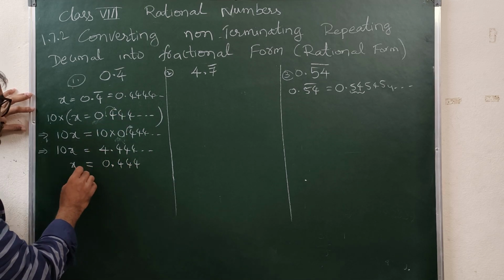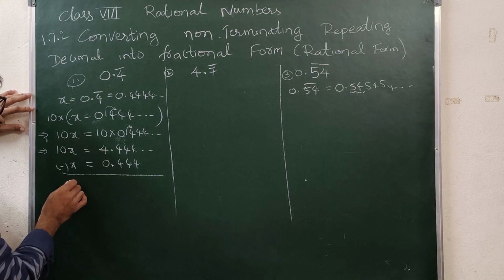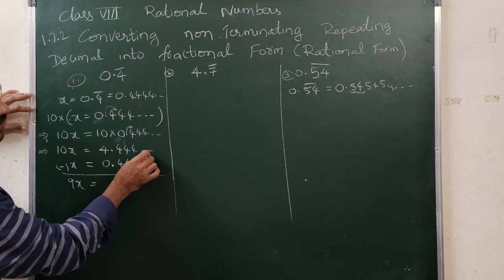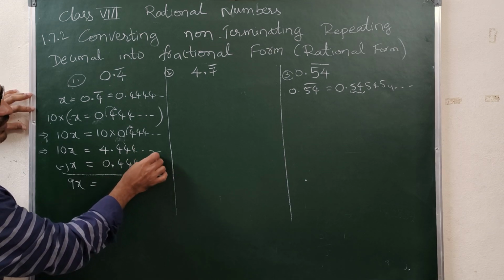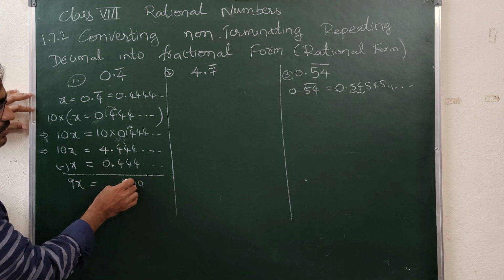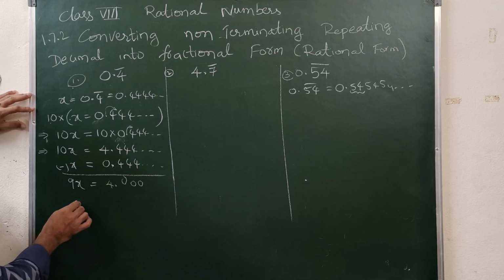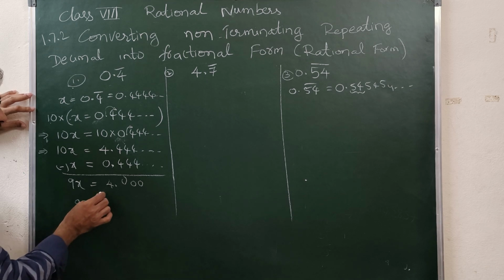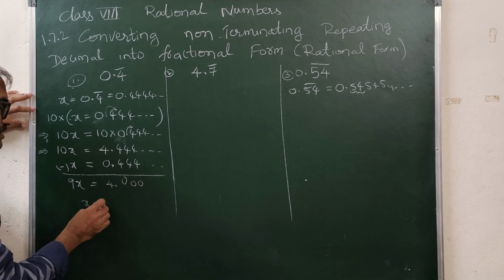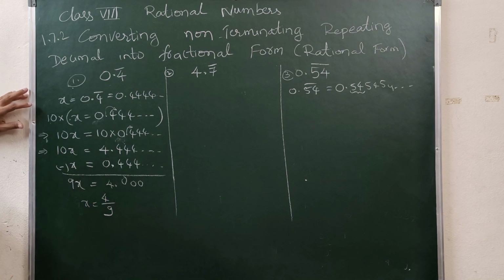Now subtract: 10x minus x is 9x. All the 4s cancel out: 4 minus 4 is 0, and 4 minus 0 is 4. So 9x is equal to 4.000, which implies x is equal to 4 by 9.